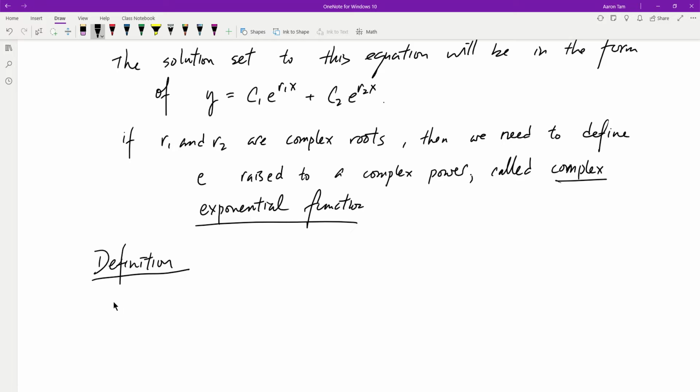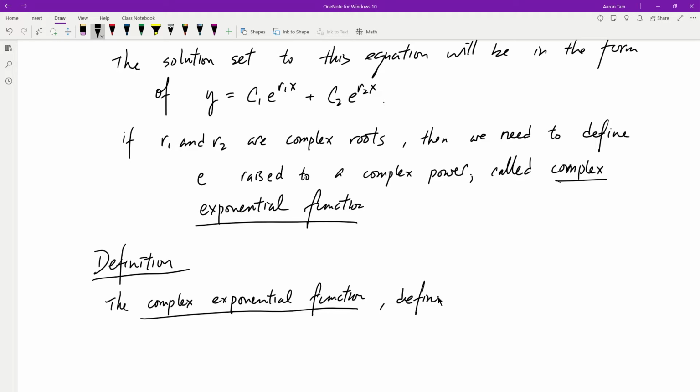So here's what it is. The complex exponential function defined just for the pure imaginary part is given by this definition.